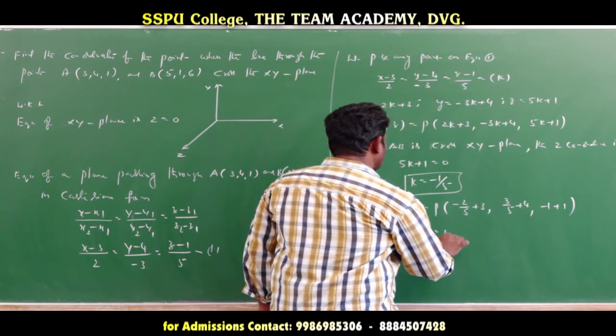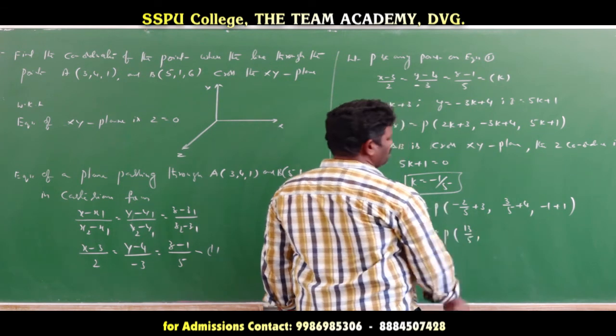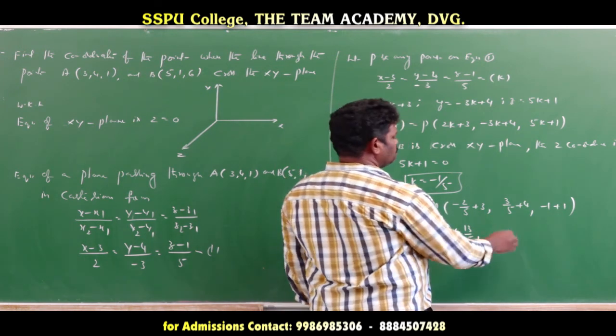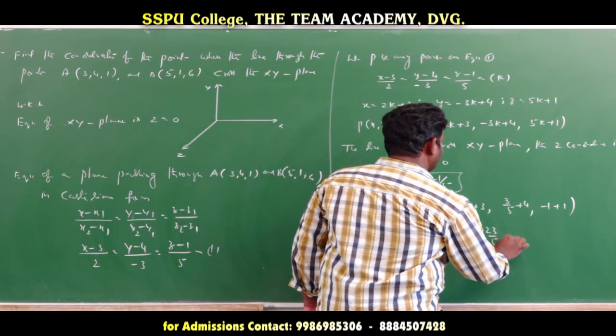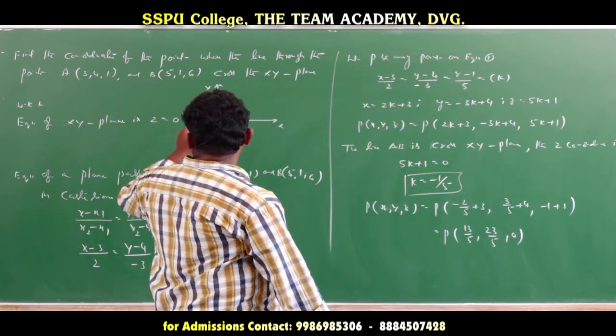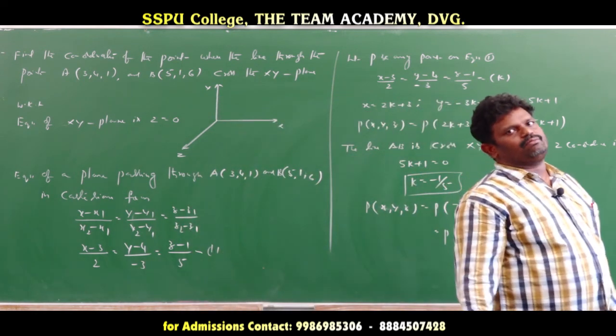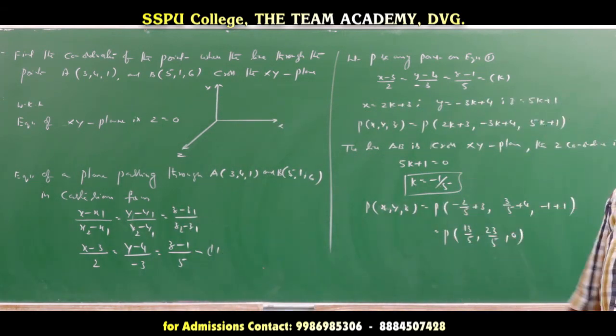That is equal to P of 13 by 5, 23 by 5, 0. This is the required coordinates of the point in the xy plane through which the line AB passes.